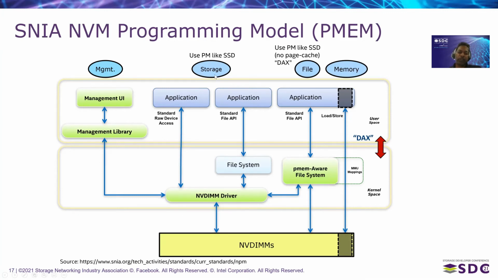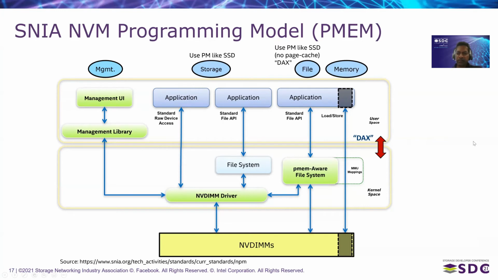So in summary, you can essentially use the block mode or the file mode or the memory mode for the NVM media, either through the kernel driver interface or organically through the native load store API. Right. So this is the SNIA programming model.